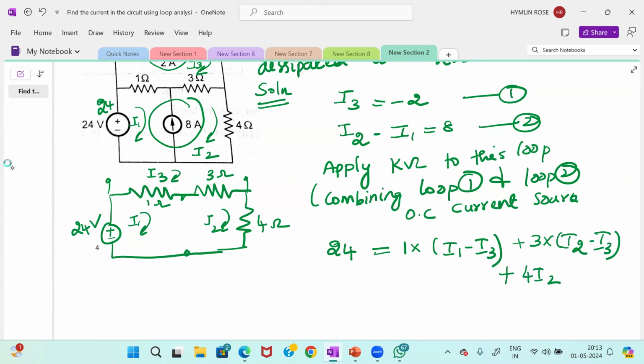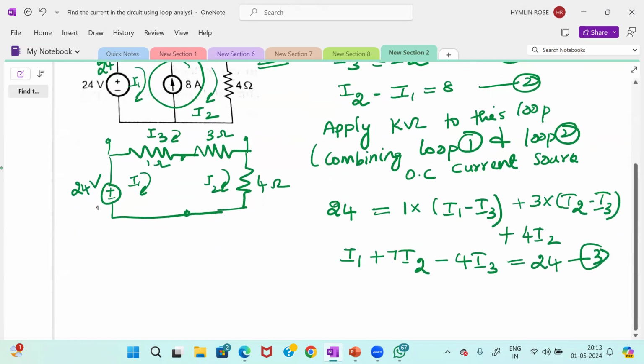Now you rearrange the equations. So what are the equations? It is I1, and 7 I2, and minus I3 minus 3 I3 becomes minus 4 I3, equal to 24. That is your third equation.